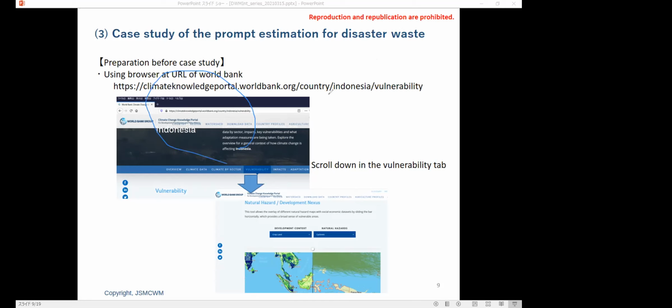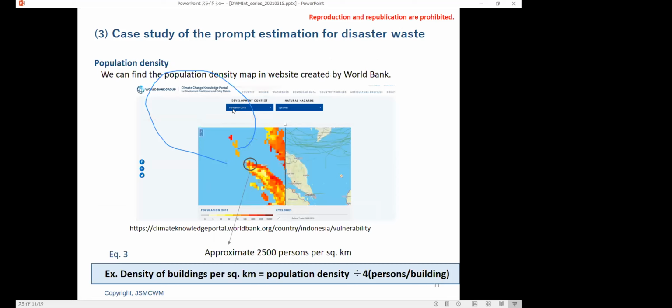Later, I will show you by using the browser. So let me go to the next slide to explain how to know the population density.